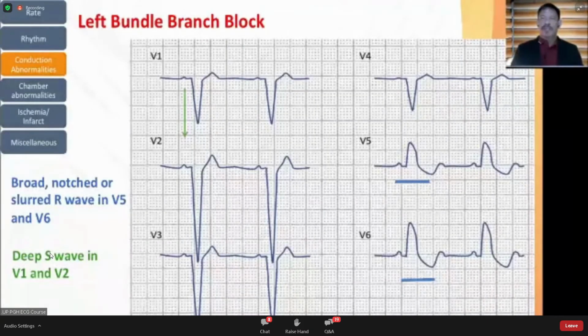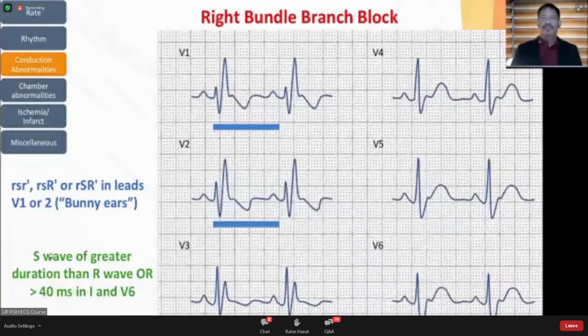For left bundle branch block, one obvious manifestation of delayed left ventricular activation is the broad, notched, or slurred R waves in V5 and V6. Complete LBBB is considered if QRS duration is prolonged. For right bundle branch block, look at RSR pattern at V1 and V2, more commonly known as bunny ears. As you have noticed, there are also concomitant reciprocal changes in the contralateral leads in bundle branch block.